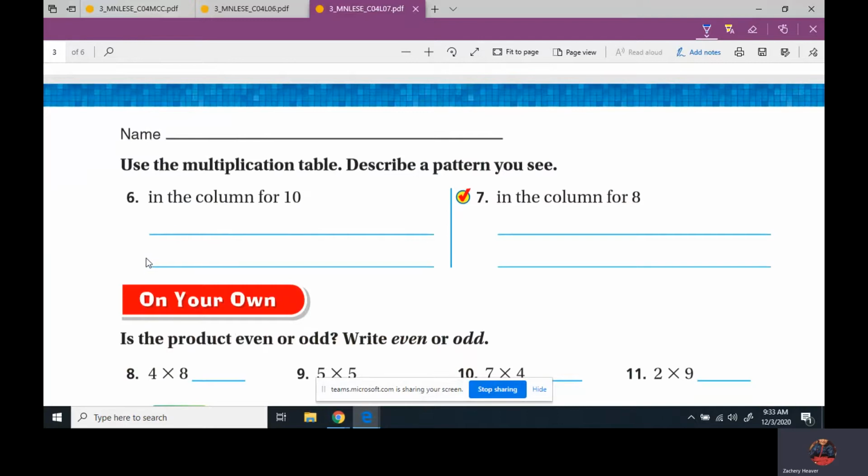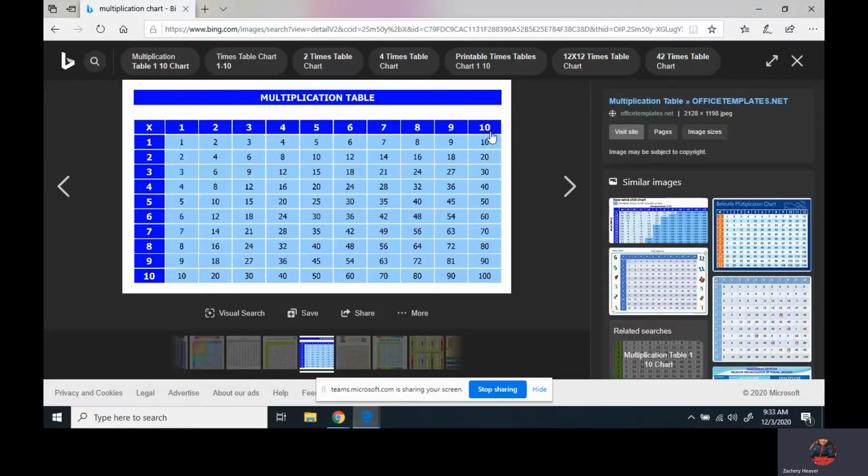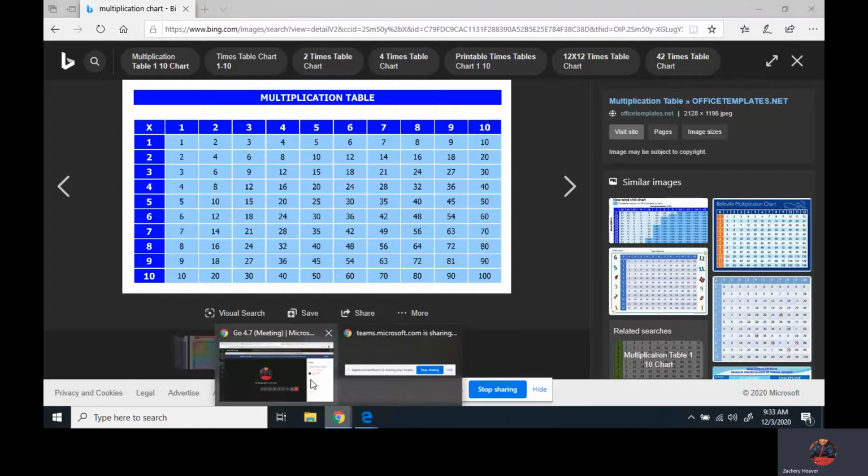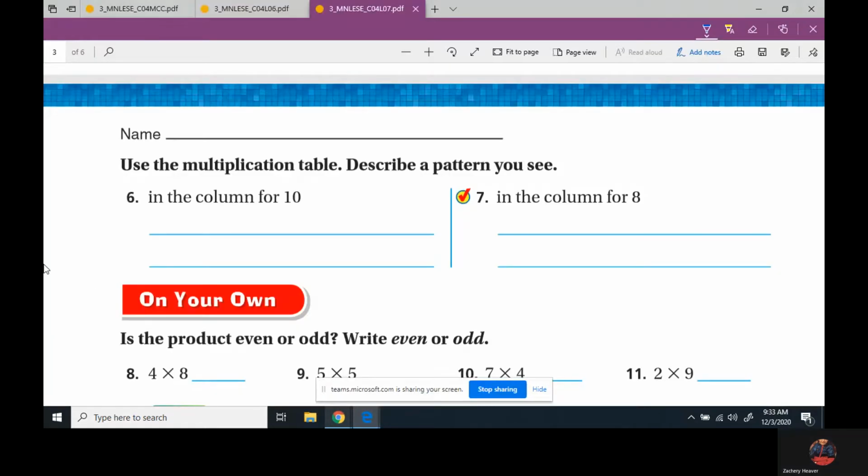So in the column for 10, so we go up here. Let's just use this multiplication table. In the column of 10, what do we see? They are all 10, 20, 30, 40, 50, 60, 70, 80, 90, 100. They are all separated by 10.